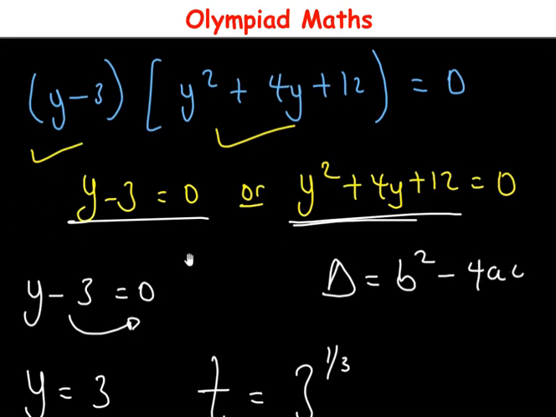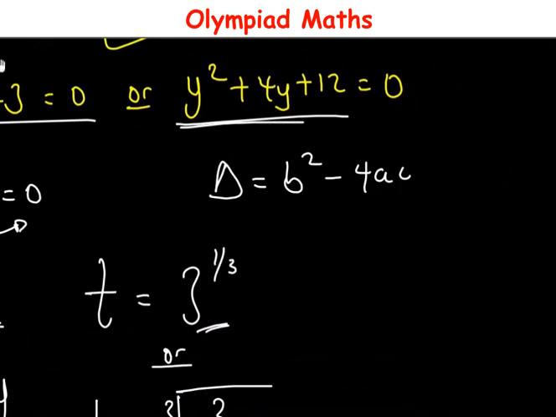From here, the value of a is the coefficient of y squared, which is 1. The value of b is the coefficient of y, which is plus 4. The value of c is the constant, which is 12.